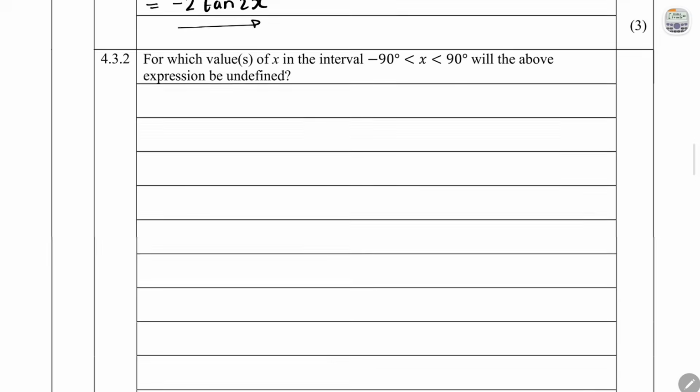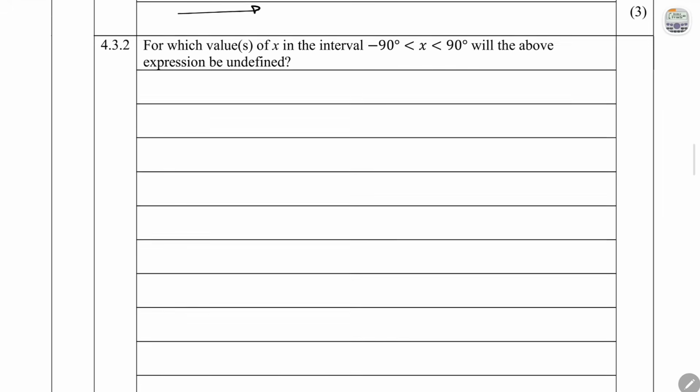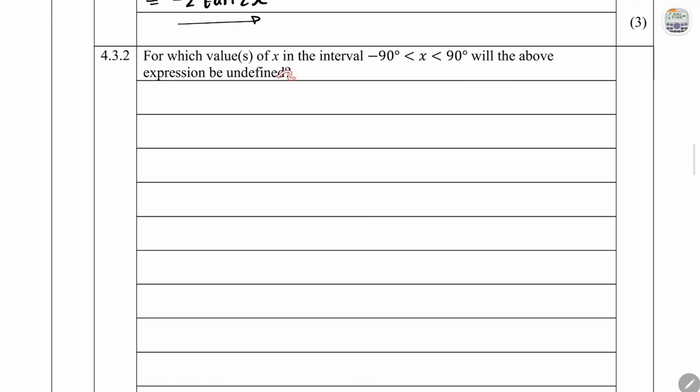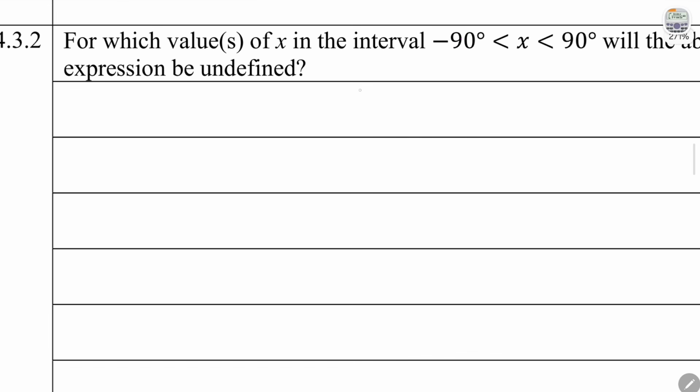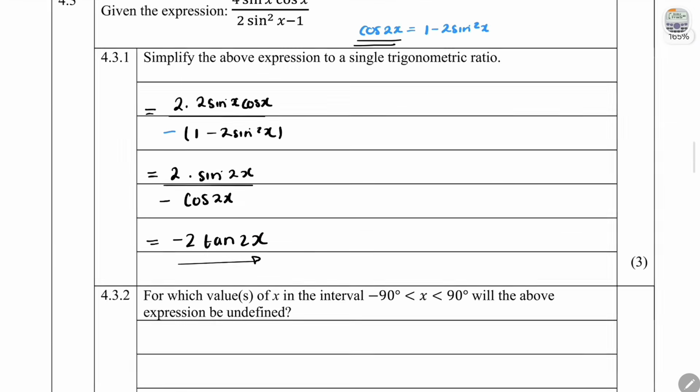Okay, moving on to the next question. The next question says, for which value or values of x in the interval where we have x being greater than negative 90 degrees but less than 90 degrees, will the above expression be undefined? Now we know that an expression will be undefined if its denominator is equal to 0. So let's look at our expression.